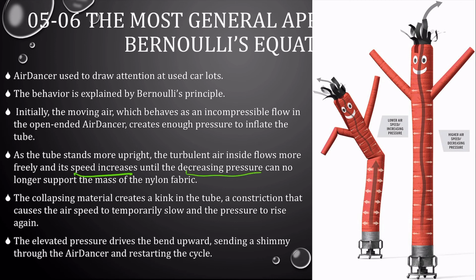But it decreases the pressure and no longer supports the mass of the little nylon figure. And so the material collapses and creates a kink. That constriction causes the air speed to temporarily slow and the pressure to rise. And since the pressure rises, it stands up again, but then the speed increases and the pressure decreases and it collapses again.